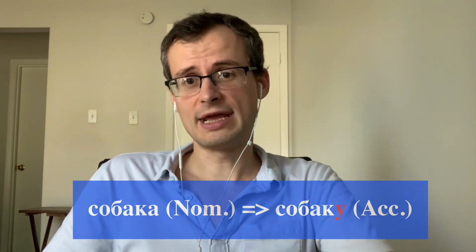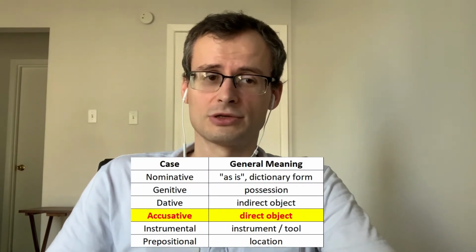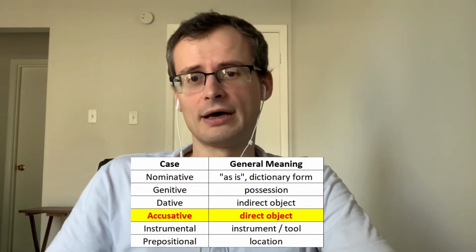And unlike with the dative case that is used for indirect object, the accusative case is used for direct objects, right? So in the examples I gave you, я глажу собаку, I'm petting the dog. So the dog is the direct object of my action, right?